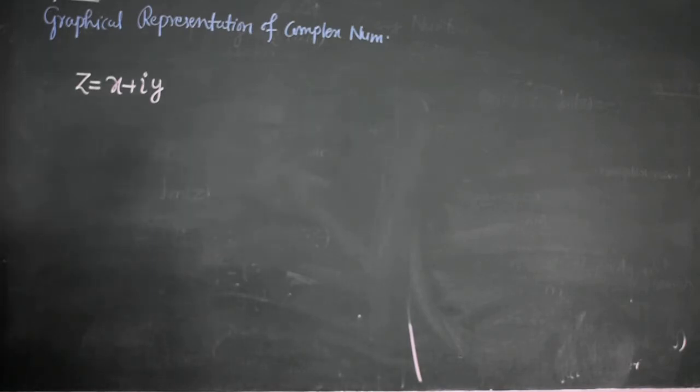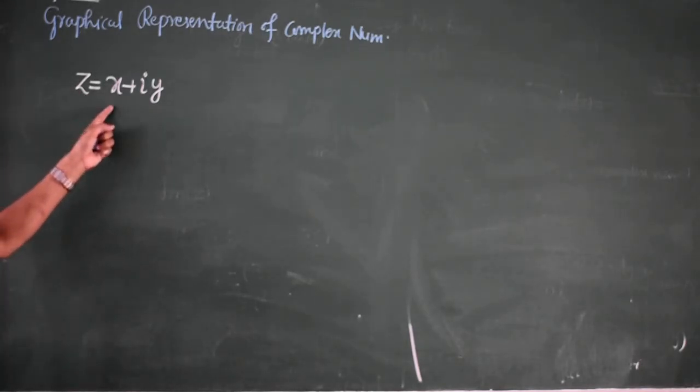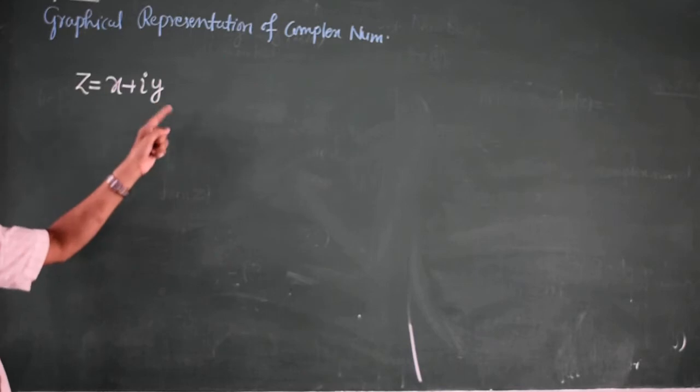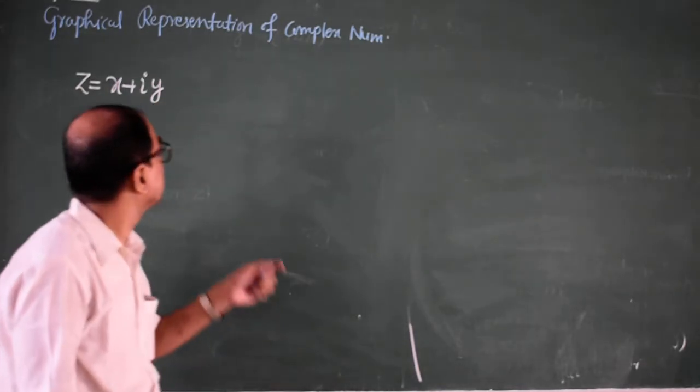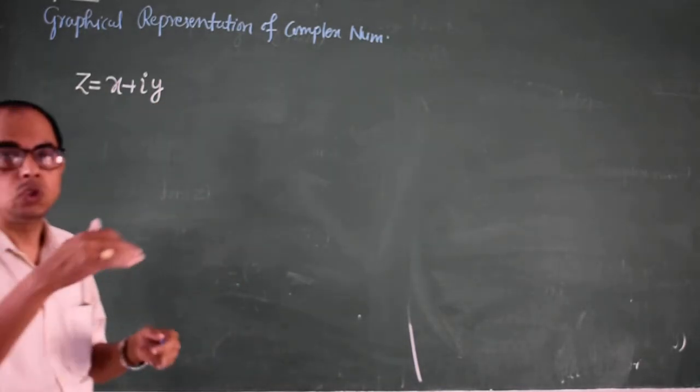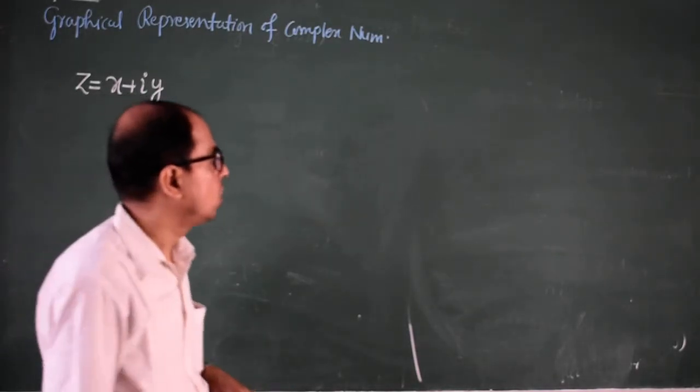Since it has two parts, the real part as well as the imaginary part, clear? So to plot this complex number we need two axes, clear?